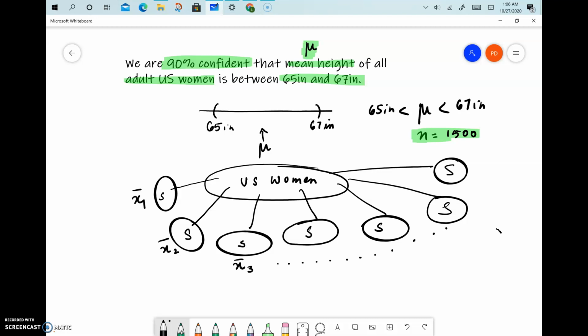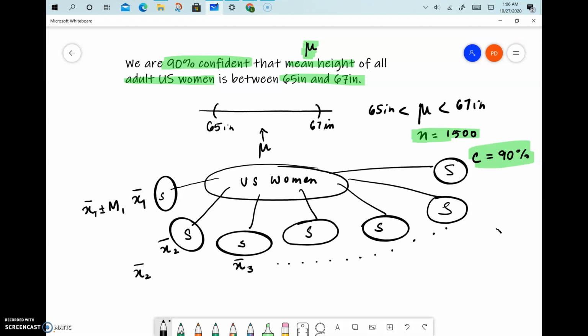Now, another thing we are going to fix is a confidence level of 90%. I'm sorry, that's not an n, that's a C. A confidence level of 90%. Once we fix the confidence level, for each of these samples we are going to calculate the margin of error, after which we find the confidence interval.